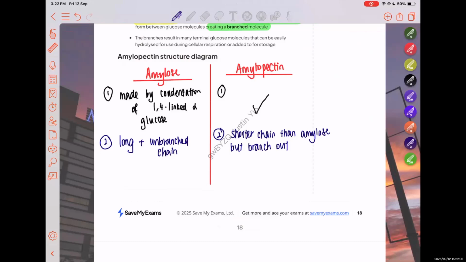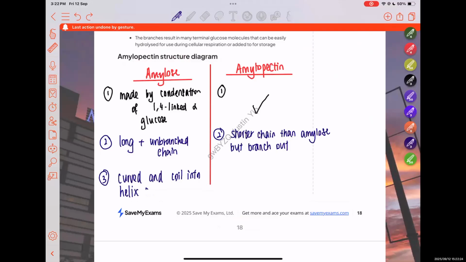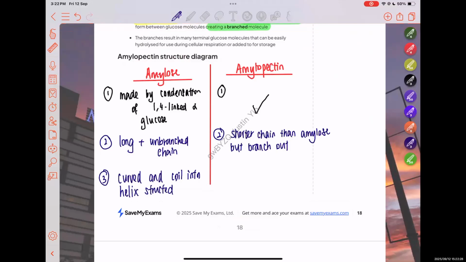And number 3, this one is extra. Amylose is curved and coils into a helix structure. Helix structure means twisted, like a tornado.